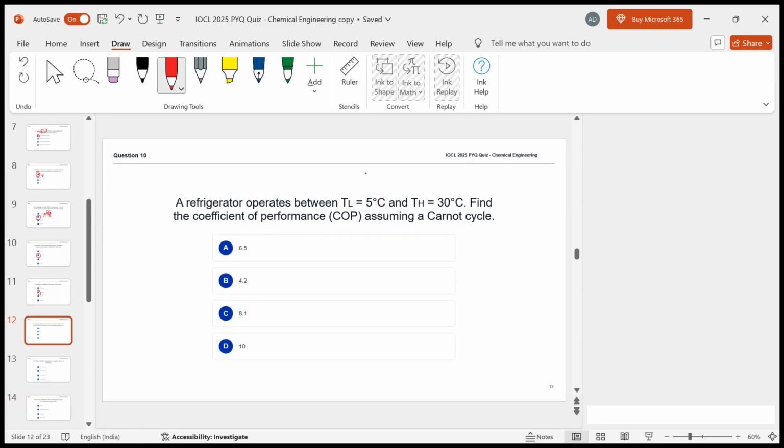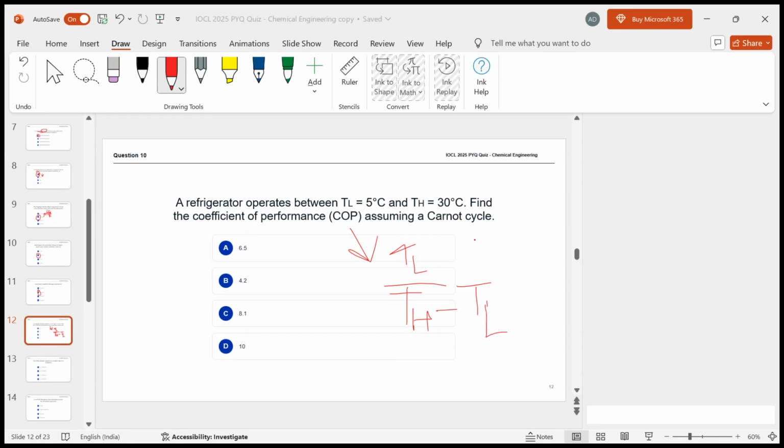A refrigerator operates between TL of 5 degrees Celsius and TH of 30 degrees Celsius. What is the coefficient of performance? For a Carnot cycle, which is an ideal engine, the coefficient of performance is TL upon TH minus TL.